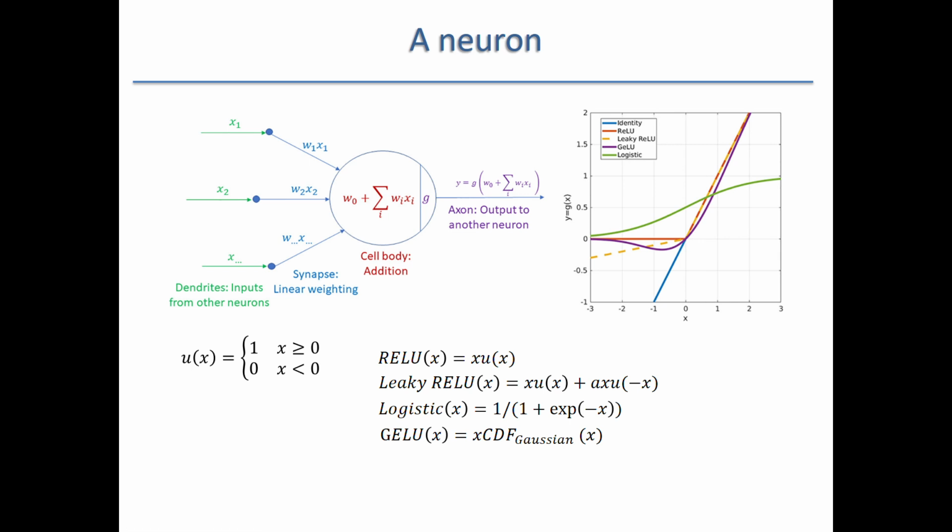Then you have, for instance, GELU. GELU uses the CDF of a Gaussian. It is a smooth function like the logistic one that goes between 0 and 1, and then you multiply by x.